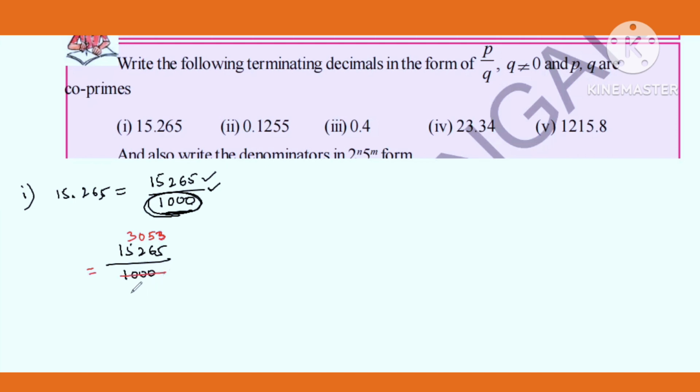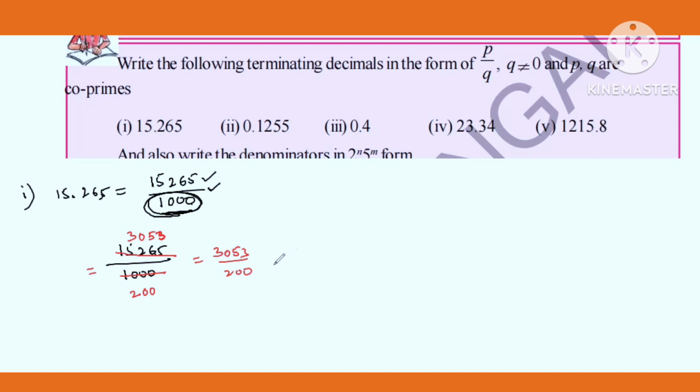Again in the denominator, 5 2s are 10, 5 0s are 0. So here still we can't divide by any other number. So we got 3053 by 200.